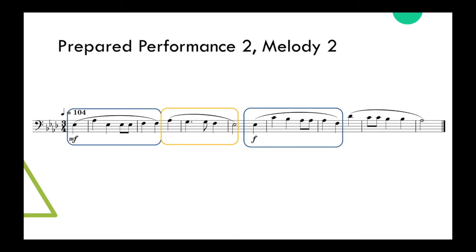All right? And again, that indicates a 4 triad. Fa, mi, re, re, do.